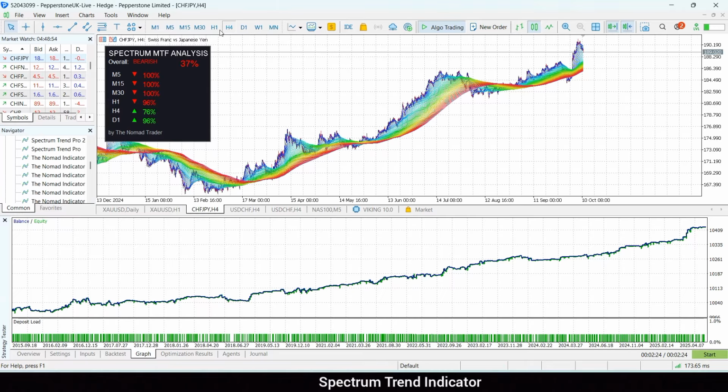Also, if you're a trader who is not really using multi-time frame analysis, you can still use this indicator very well. The reason I added this whole multi-time frame analysis part is because I think it can be very helpful to see the whole picture of the market. With one time frame, most of the time you don't see the whole market.